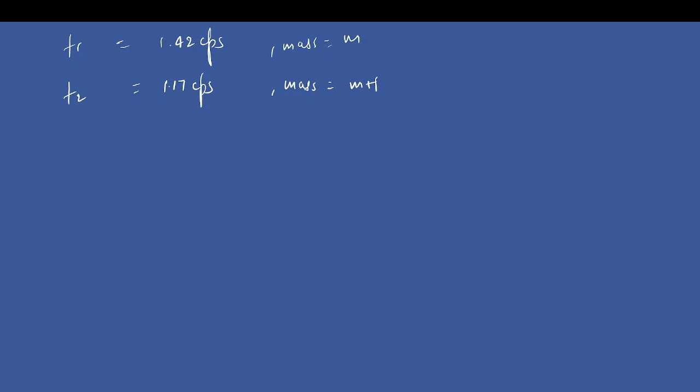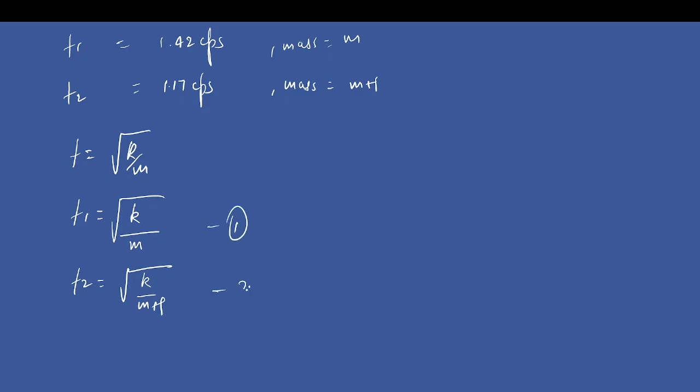So the value of the unknown mass you need to determine. We know f is equal to root over k by m. For f1, it's k over m, because there is no change in the stiffness, and f2 is k upon m plus 1.